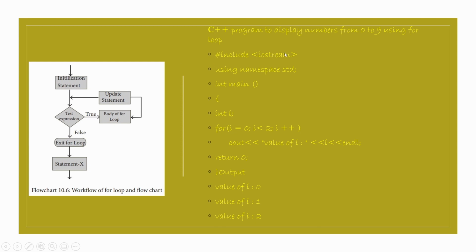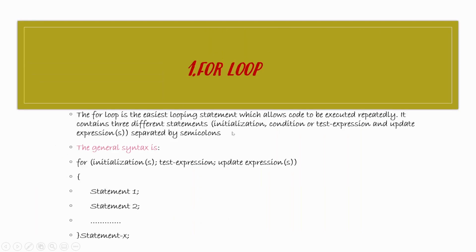So we're going to print values from 0 to 2 using a for loop. We write int main, declare the variable int i, and then write the for iteration statement. The first part is initialization, so i equals 0, the initial value I am willing to give.